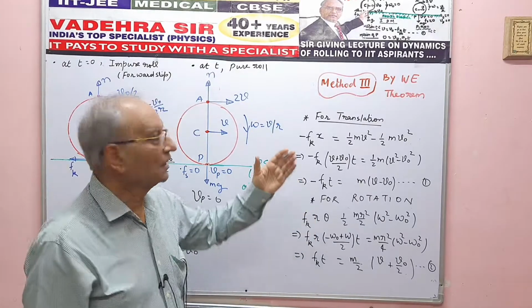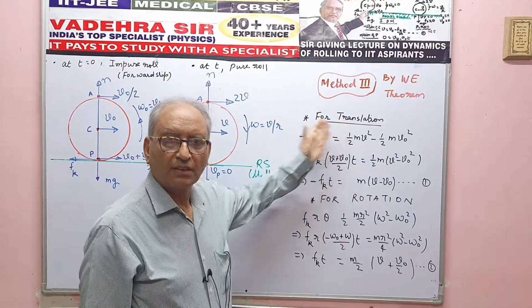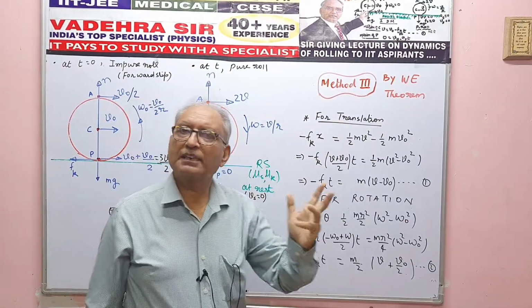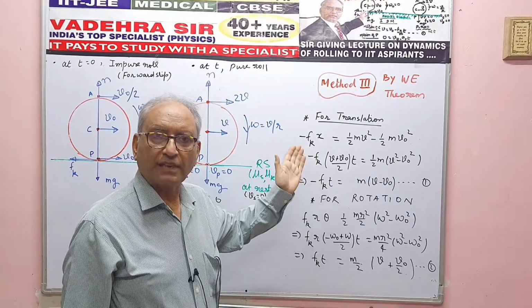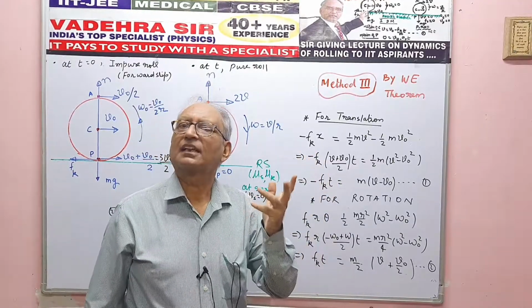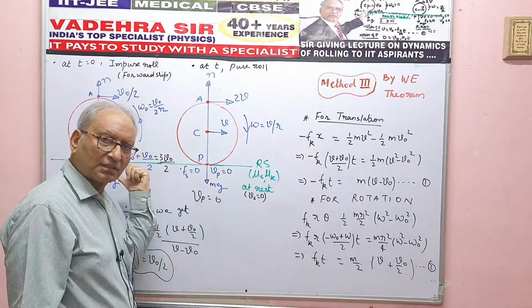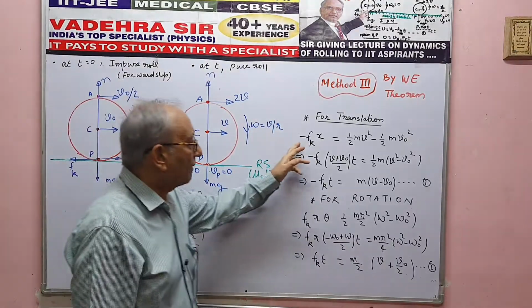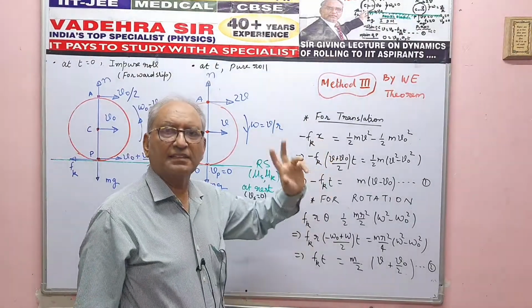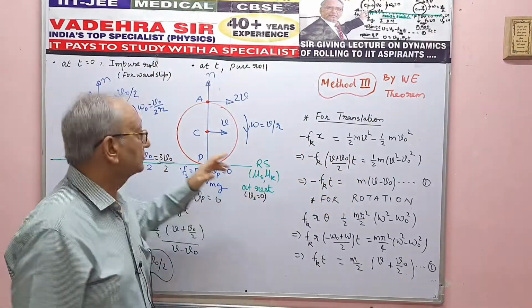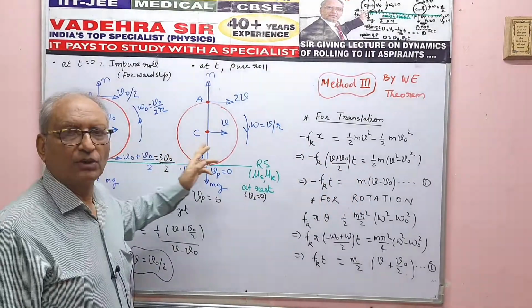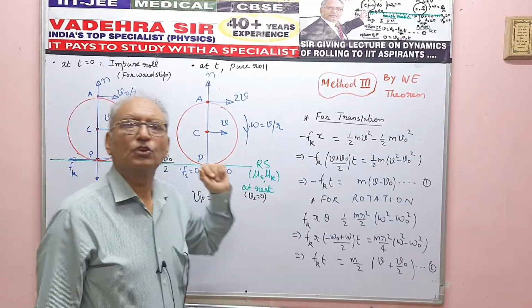So first of all, for translational motion, work done by Fk is change of kinetic energy. Friction Fk is doing negative work because Fk acts backward. So minus Fk into x. X is the displacement of the center of mass from the instant t equal to 0 to the instant when it begins to pure roll.